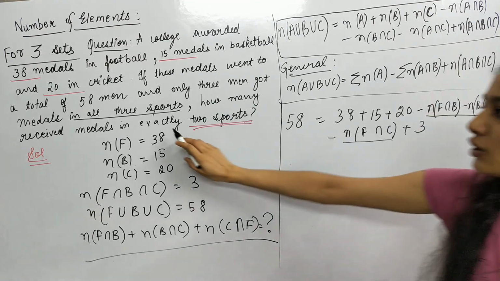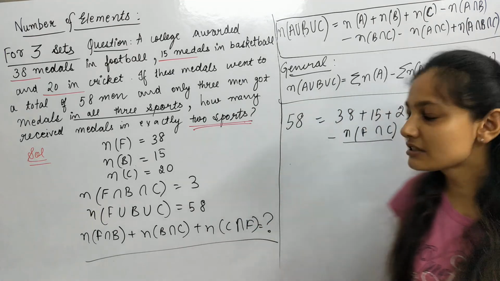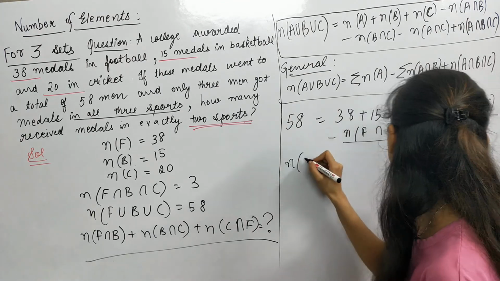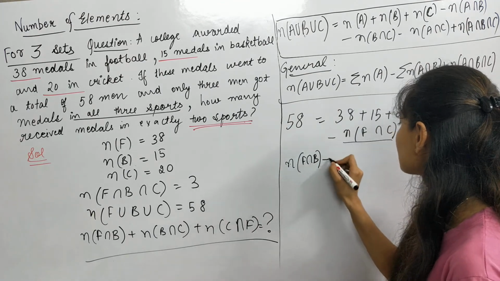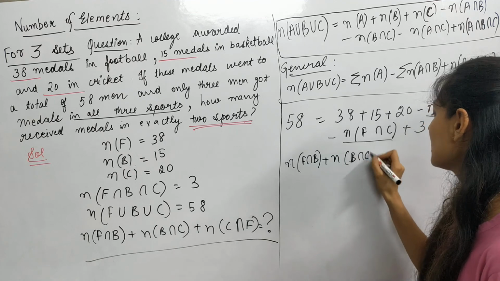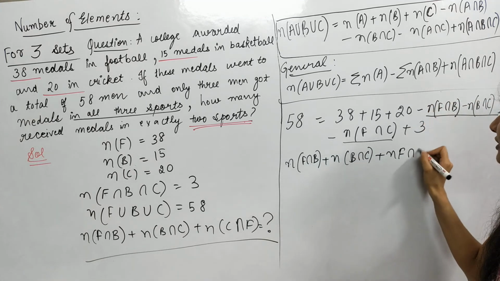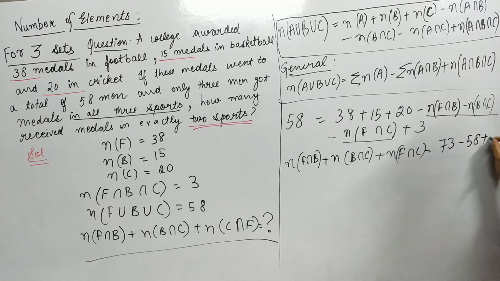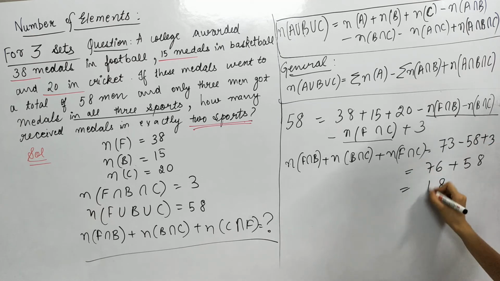Okay. Now मैंने exactly got in 2 sports. Exactly means दो की intersection हमने find करनी है. That means you have to calculate the number of elements in F intersection B plus the number of elements in B intersection C plus the number of elements in F intersection C. So that is here 73 minus 58 plus 3. That means 73 minus 58 plus 3, which is 18.